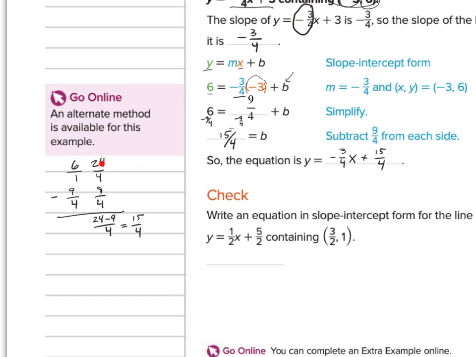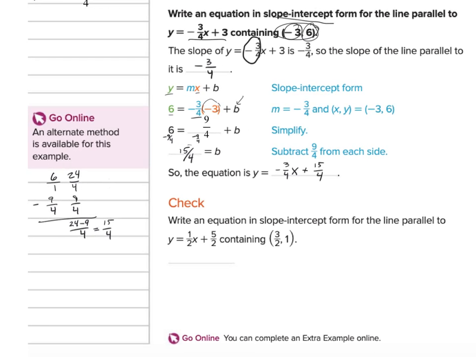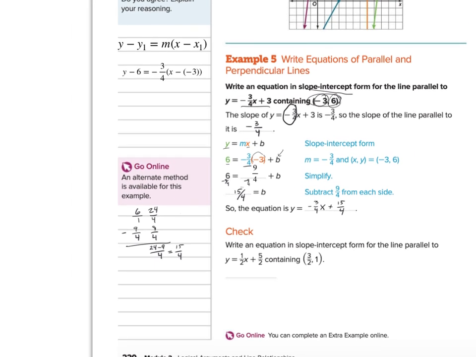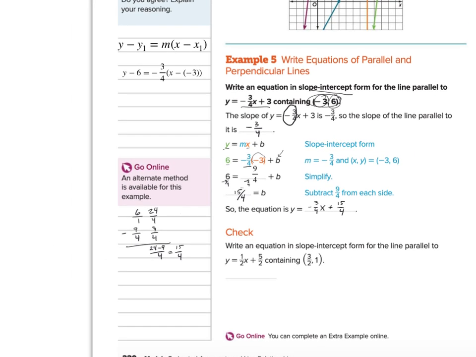So I have 24/4 minus 9/4, which would be 24 minus 9, is 15/4. So the equation of that line is going to be y equals negative 3/4 x plus 15/4. That's one way to do it.